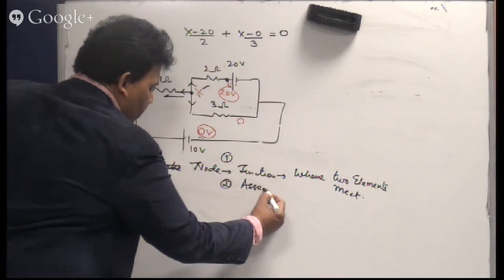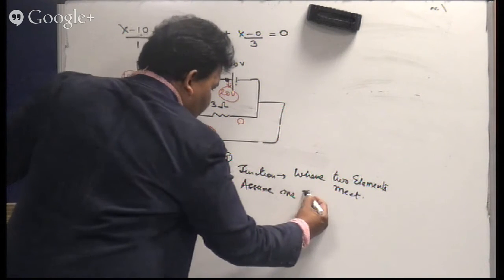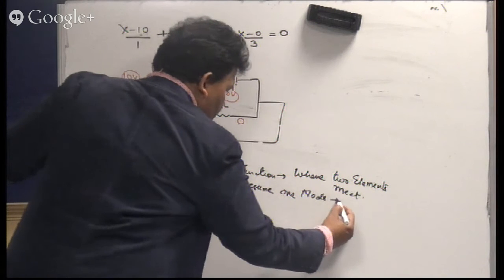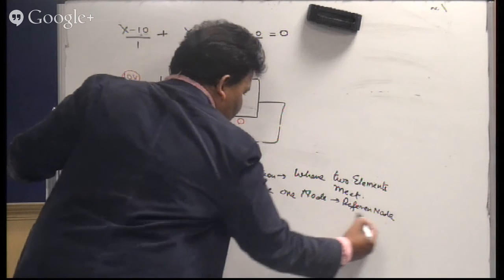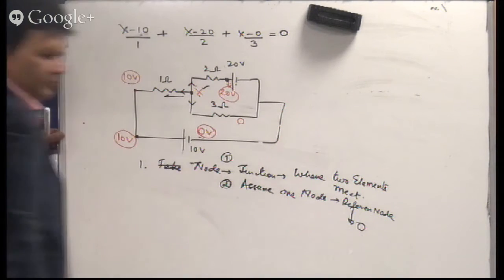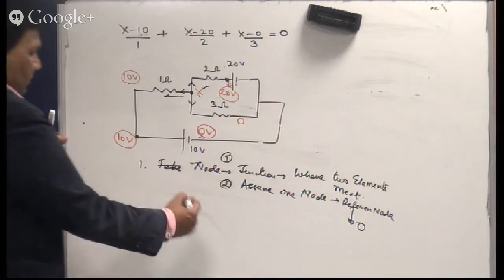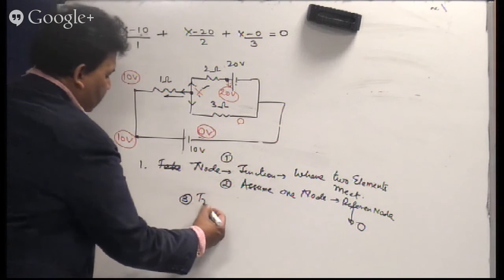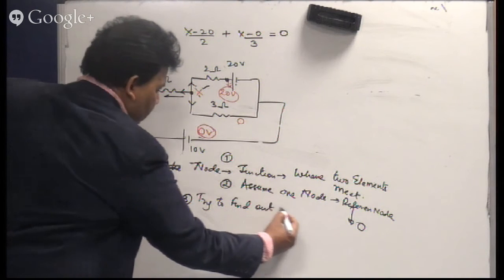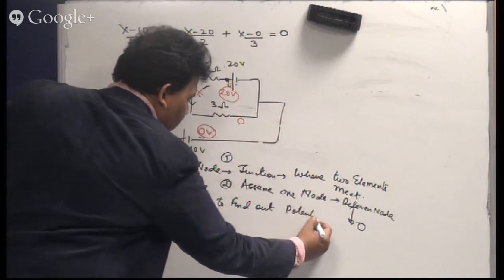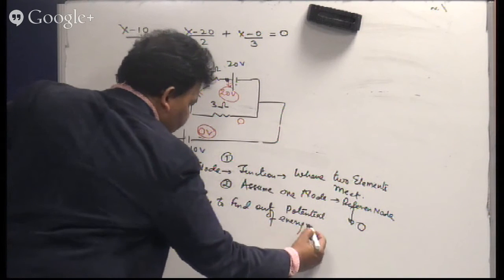Point number two is, assume one junction or one node, we call it a reference node. Assume the potential of that reference node as 0. Okay? Third point, try to find out the potential of every node.